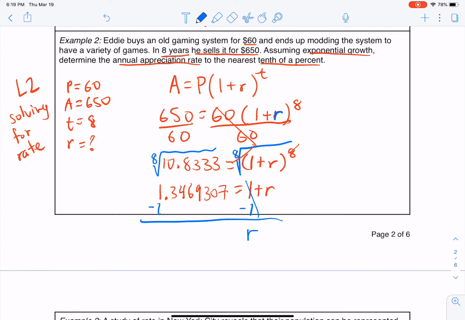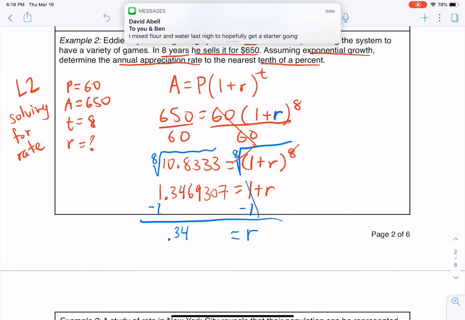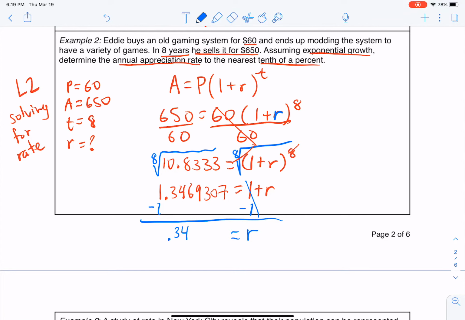Cancels there. So r equals 0.3469307. And now we're asked to write that rate to the nearest tenth of a percent. So let's first change this into a percent.